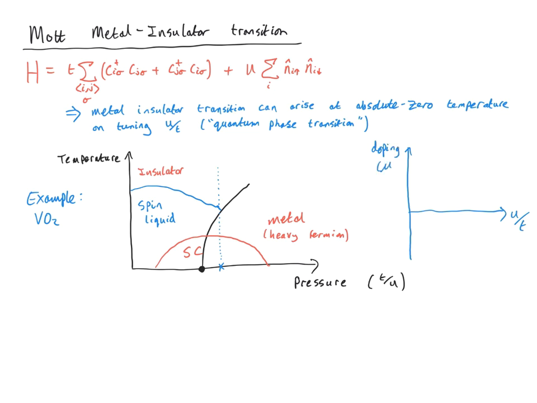So this is basically setting the Fermi level, and one can achieve this by chemical doping, so substituting certain atoms in the lattice with other elements which have more or less electrons, and this basically changes the average filling of the bands. And what one finds in this case is that even though the whole diagram is now at T equals 0, the original Mott transition occurring at 0 doping can be extended out in this plane, something like this.